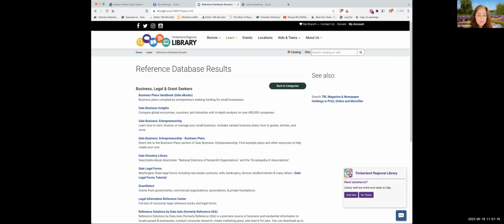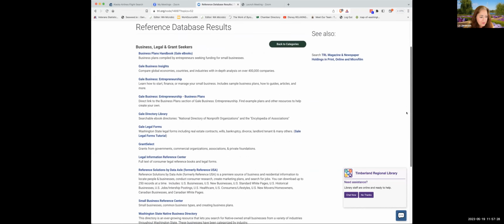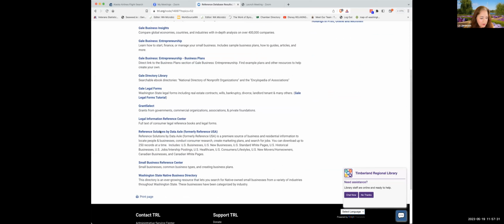So we're in Reference USA. We're in the library site, about to go into Reference USA. We can see we're in the category Business, Legal, and Grant Seekers. And we're going to scroll down here, Reference Solutions by Data Axle, formerly known as Reference USA. We're going to click on that one.